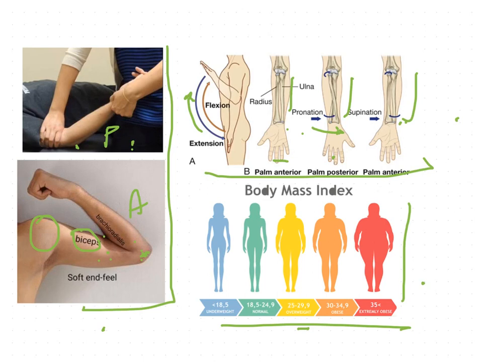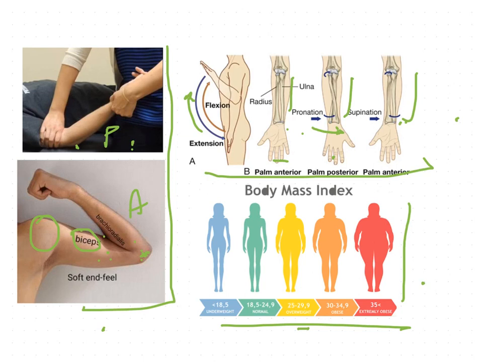It is a measure of body fat based on height and weight that applies to adult men and women, and it is also defined as the body mass divided by the square of the body height, expressed in the units kilograms per meter square.